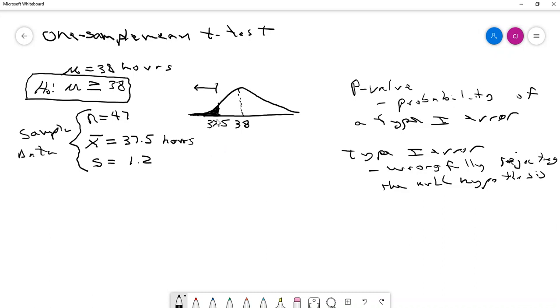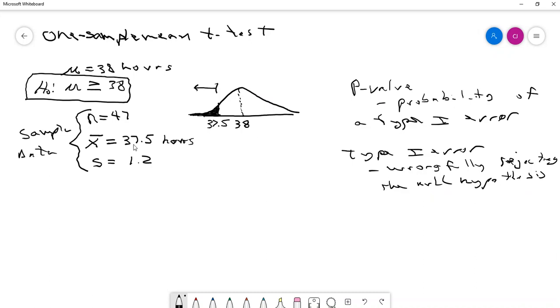So we want to run a one-tailed test if possible, if it warrants running, because of this right here. P-value is the probability of wrongfully rejecting the null hypothesis. Well, we don't want to wrongfully reject the null hypothesis. So our p-value, we want it to be as small as possible. Running a one-tailed test at least cuts it in half, whatever it comes out to be.